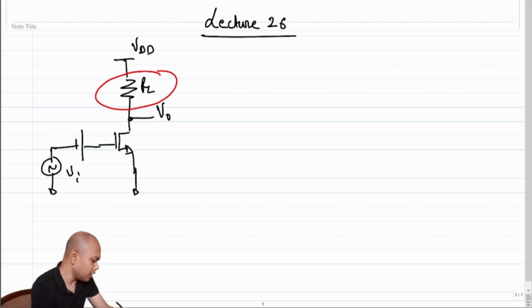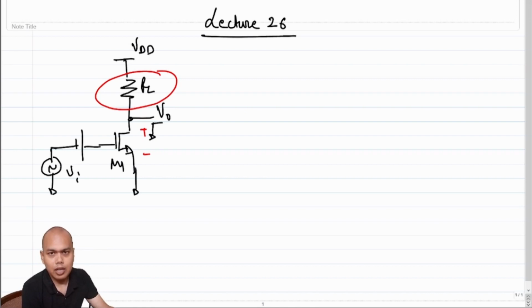And we didn't look too further, because if we look at this transistor M1, what is the incremental impedance looking into the drain? It's RDS, right?